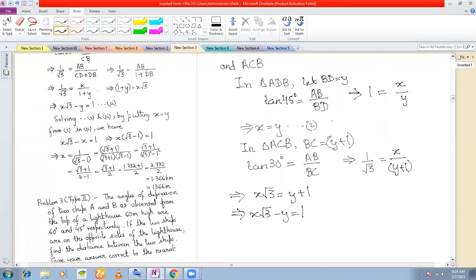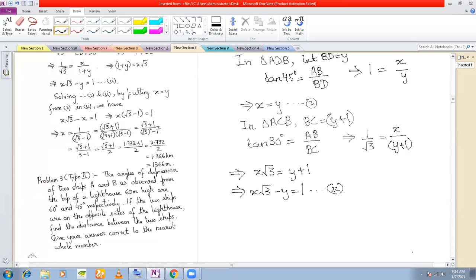So you're getting two equations here. First equation we have got x is equal to y, and this is our second equation. Now we shall solve these two equations simultaneously in order to find out x and y. How do you solve? Put x is equal to y from 1 into the second.